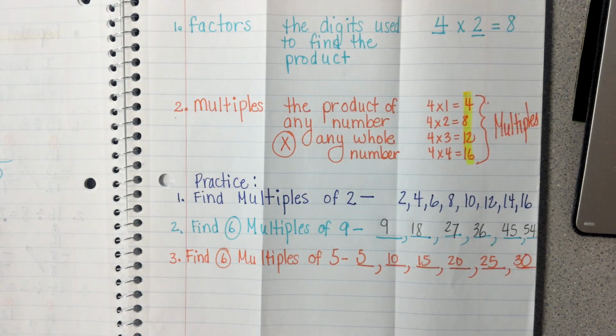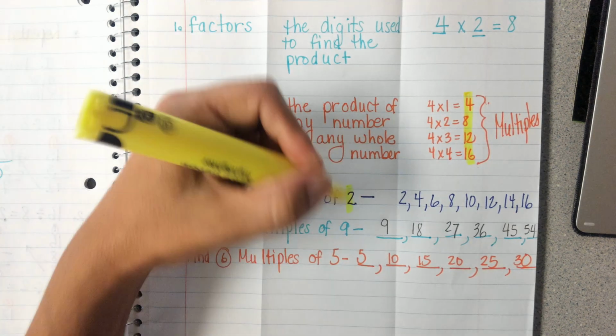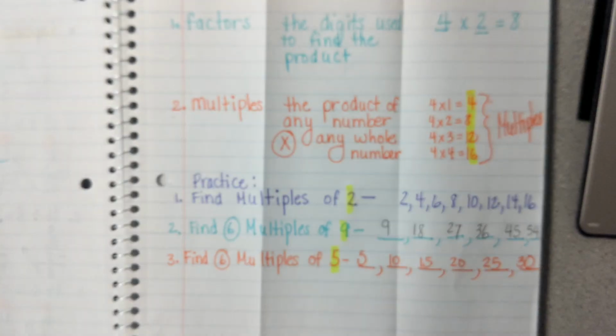These are all multiples of these digits here. Multiples of 2, multiples of 9, multiples of 5.